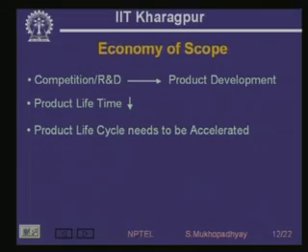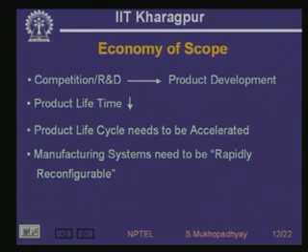What does that mean? Since product lifetime is less, the whole product life cycle of conception, design, process planning, installation, production, everything will have to be accelerated. How can you accelerate it? You can't make new designs very fast, you can't produce them fast, without having manufacturing systems which are rapidly reconfigurable.